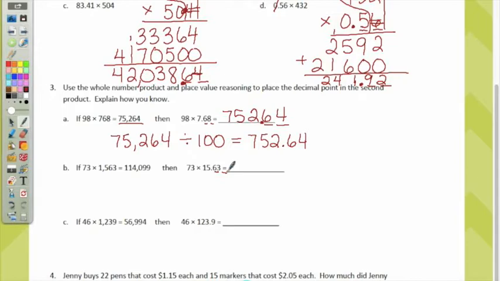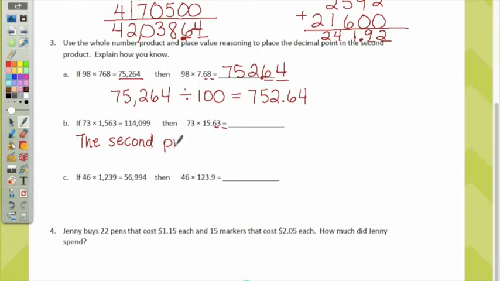So I could say the second problem has a decimal showing hundredths place.